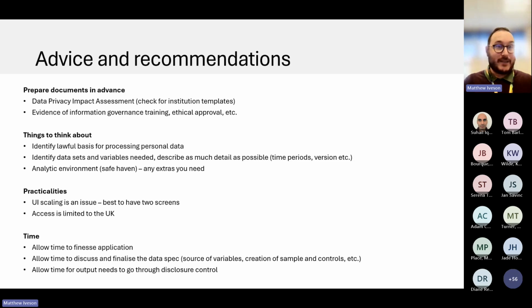Also, remember that access to health data under this route is restricted to the UK. We had a little bit of an issue where a master student really wanted to use it, but they weren't based in the UK and therefore just couldn't do it, which is something to be aware of when you're going into it.